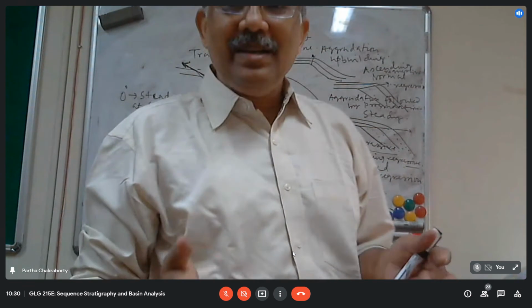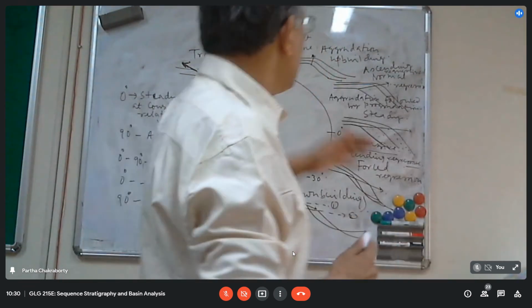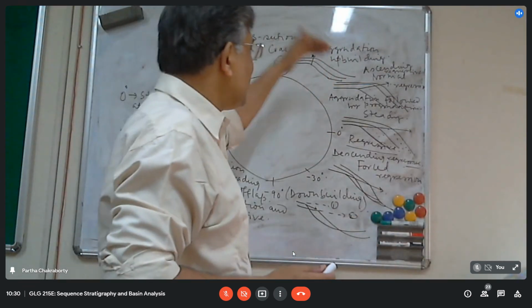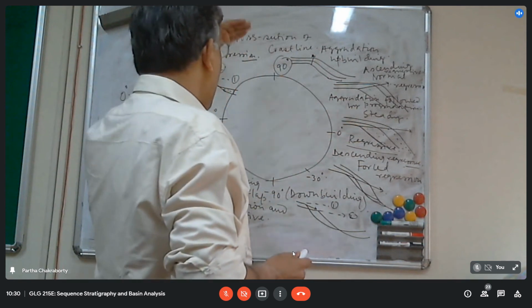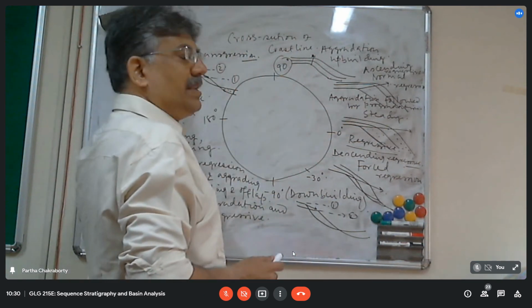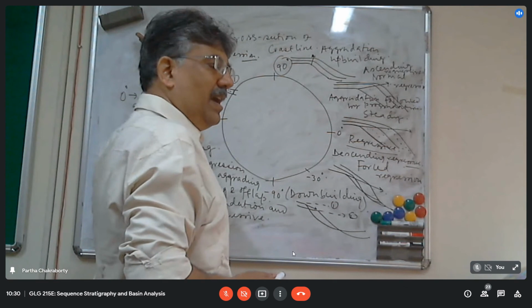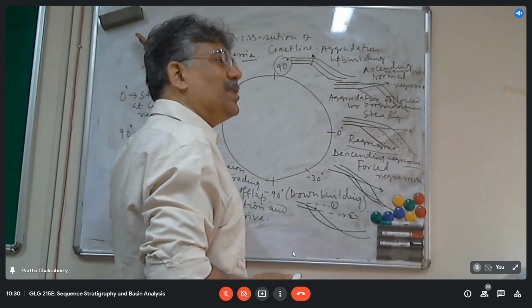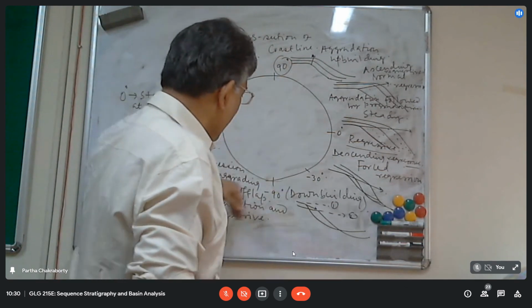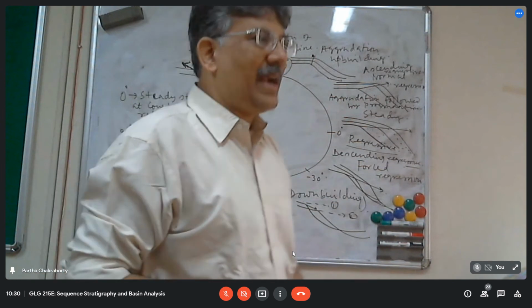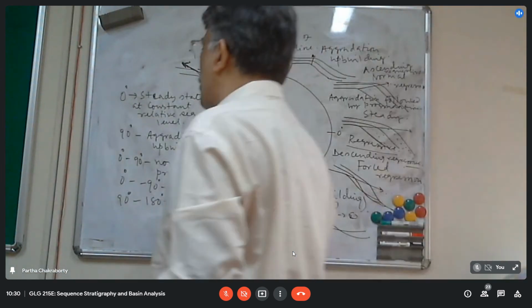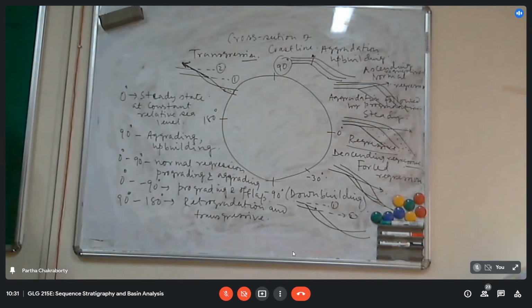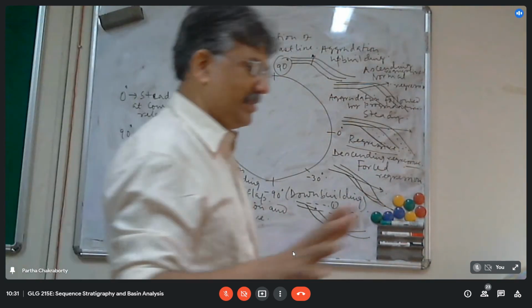That is the case when you are getting the ascending regressive, descending regressive, steady state, then upbuilding, or more than 90 degrees, the tracking back of the shoreline. That is a comprehensive way to show how the coastline and the cross section of the coastline vary at different relative sea level stands.